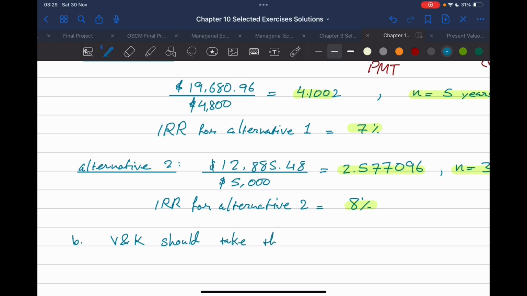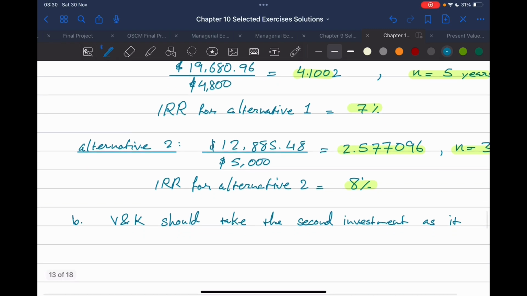take the second investment as it offers a higher internal rate of return.